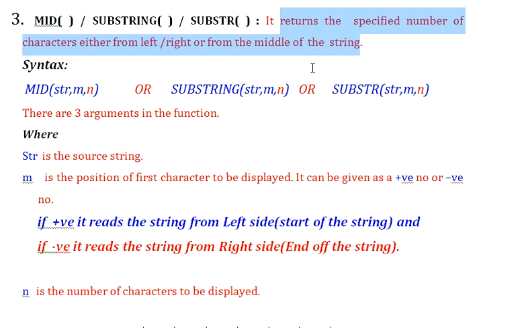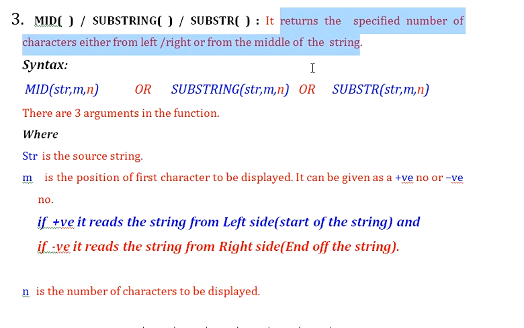These two can be performed directly with the MID function. Apart from that, this function can also extract data from the middle of the string, according to the user's choice, from whichever location he wants.